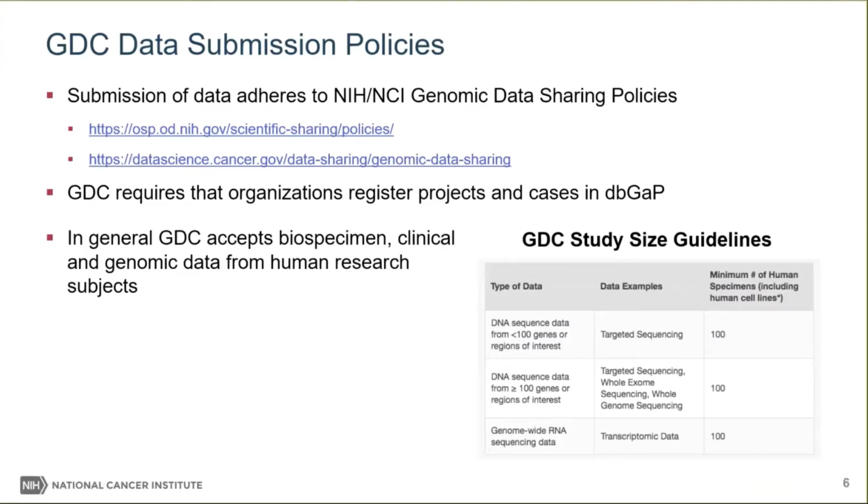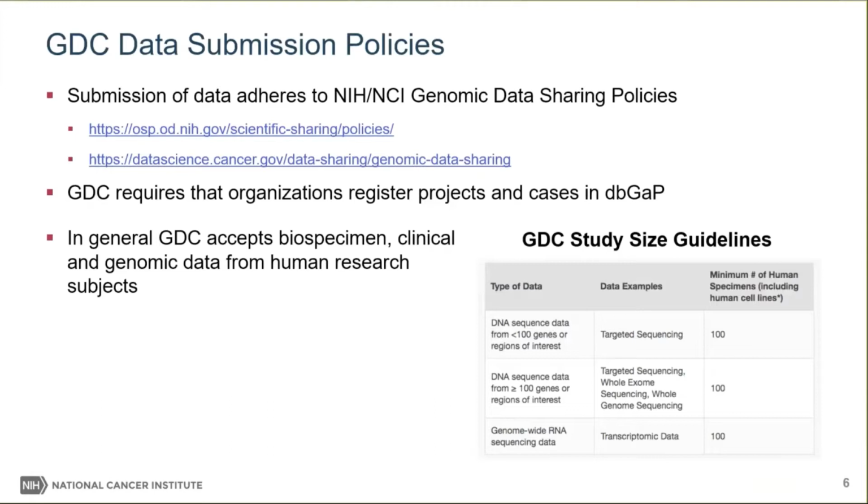When you submit data, you need to adhere to some of the NIH and NCI genomic data sharing policies. We've included some links here so that you can go back and check these policies. We require that organizations register projects and cases, which is what we call subjects or patients, in dbGaP. These patients need to be registered in dbGaP before they can be submitted to the GDC.